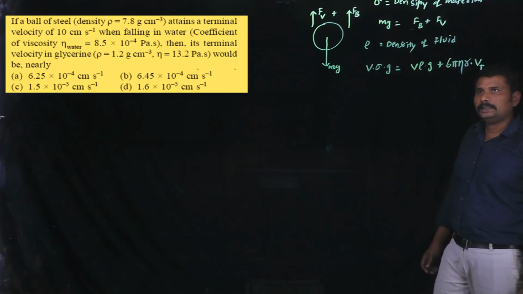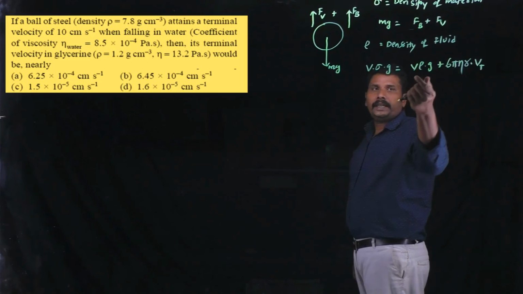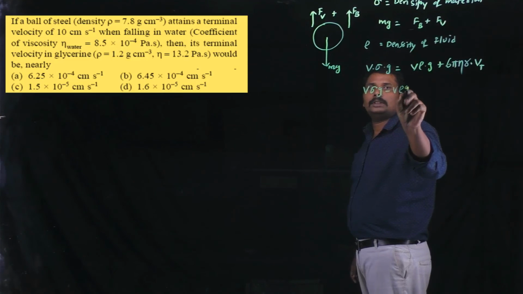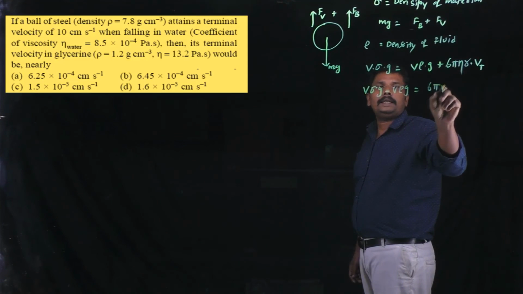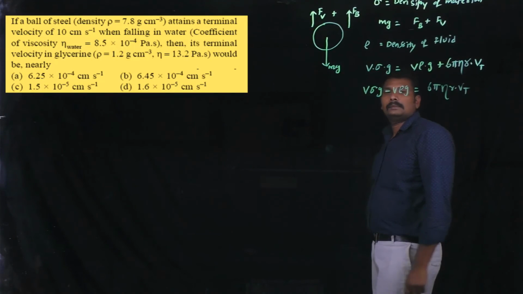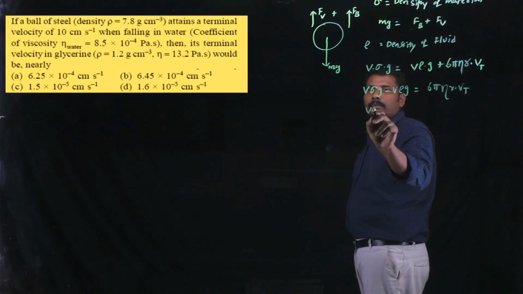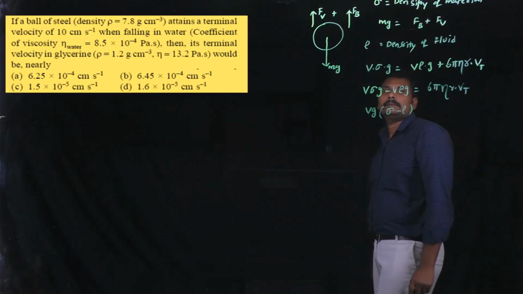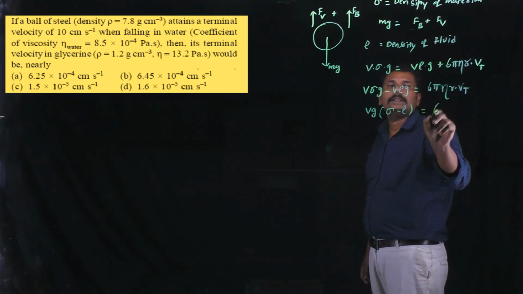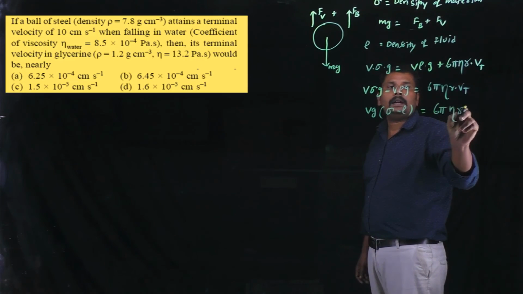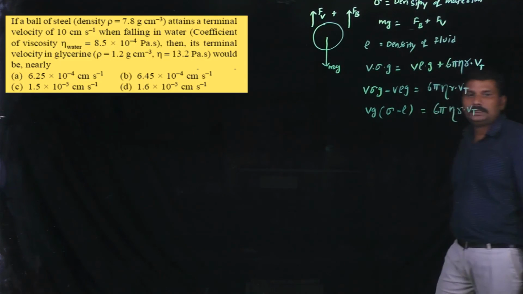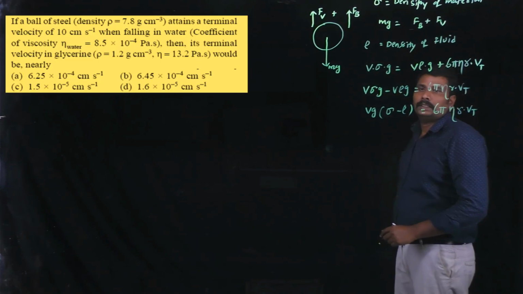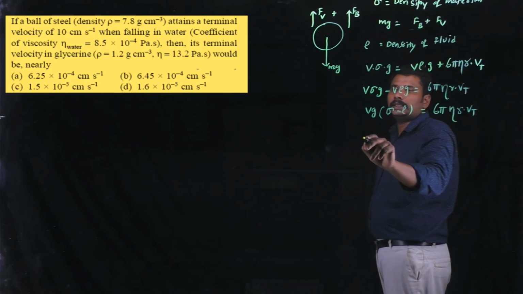From this, by getting V rho g on this side, it is V sigma g minus V rho g equals 6 pi eta r Vt. Here the common term is Vg. By taking the common term, it is V g into sigma minus rho equals 6 pi eta r into Vt. This is the formula. If the fluid changes, then this density also changes.